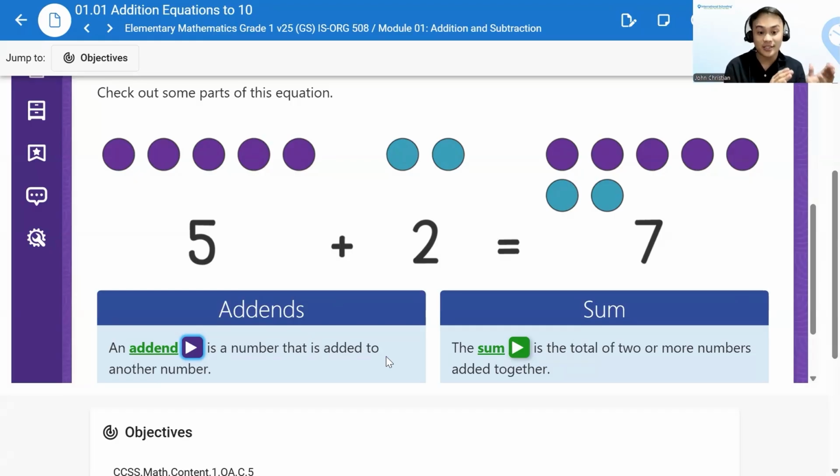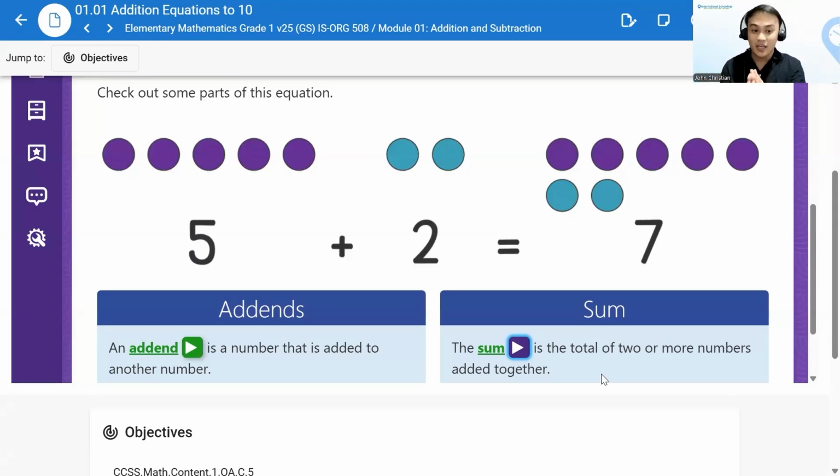And the answer, which is 7, is what we call, very good. Can you say it again? Sum. Very good. And when we say sum, this is the total of 2 or more numbers added together. In short, sum is the total amount of numbers when we combine them together.